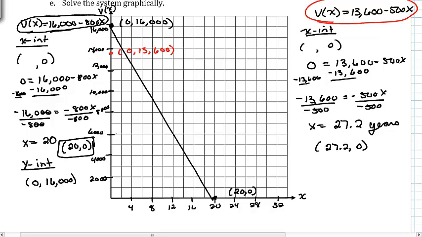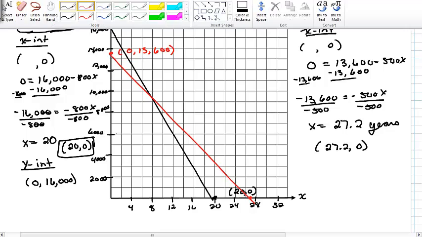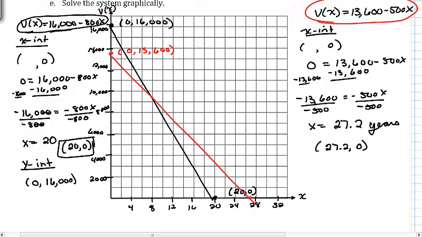So it's just a little bit bigger than 27. Let's try to make my dot kind of big. And so there's that line. And so right about there is my intersection.